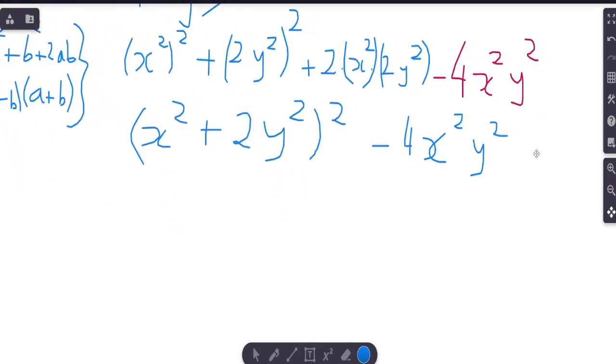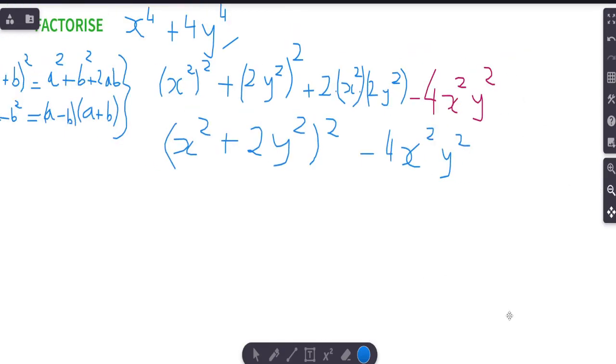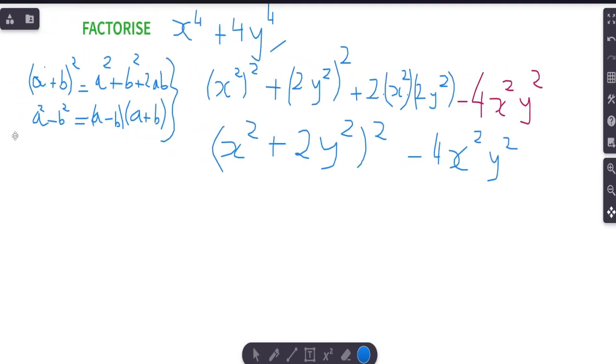Okay, and we can notice that here we have a square because 4 is 2 squared. And now we are going to use the second identity, that is here, a squared minus b squared equals a minus b multiplied by a plus b.